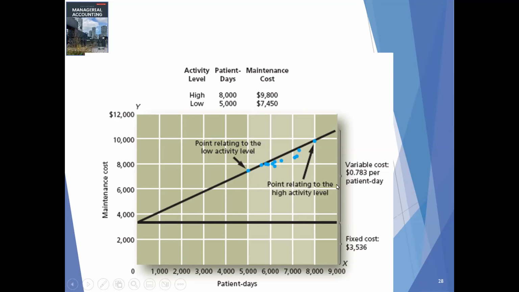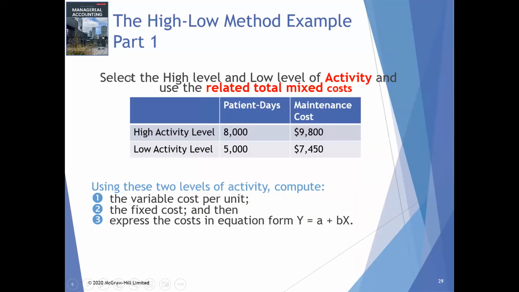So now look at this. Select the highest and lowest levels of activity and the related total mixed cost. Now we have the activities and related mixed cost.